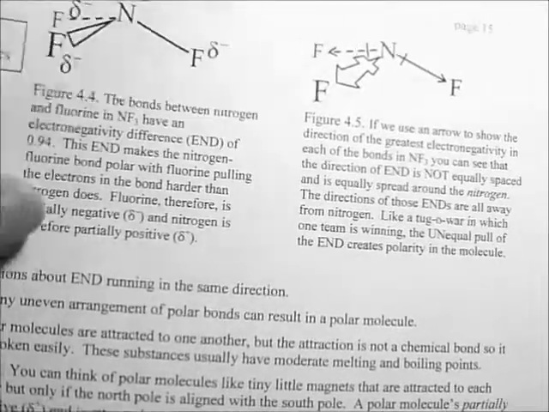Now remember, you have to have two conditions to have a polar molecule. Anybody remember what those two conditions are? Uneven distribution of bonds and polar bonds. So two conditions, okay?